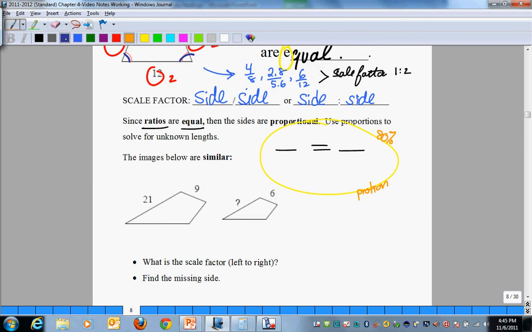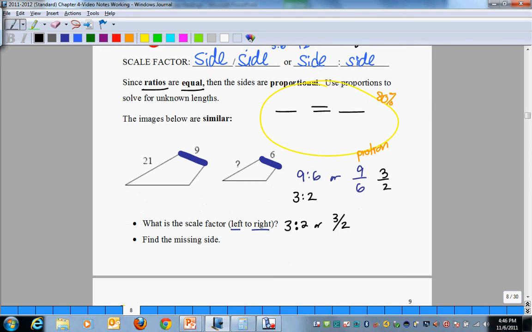For example, we take a look here. We first want to find what is the scale factor, and we're going to go from left to right. So I choose two sides which are in the same position, left to right, and I'm going to reduce that. That's 9 to 6, or 9 over 6. I reduce. 3 goes into both. That's 3 to 2, or 3 over 2. So my scale factor is 3 to 2. Now I'm going to use that 3 over 2 to solve for my proportions.